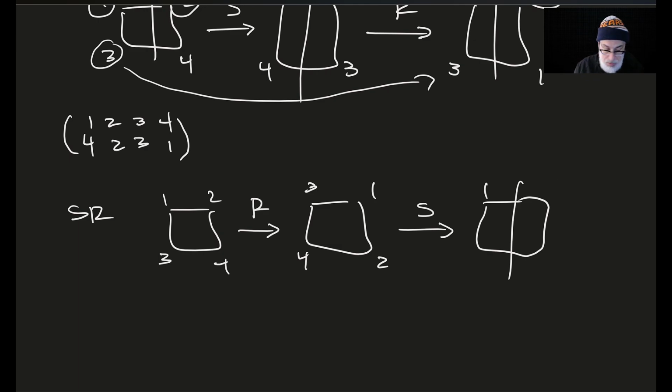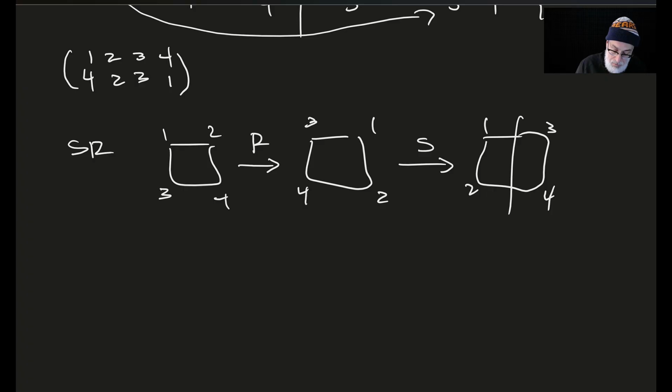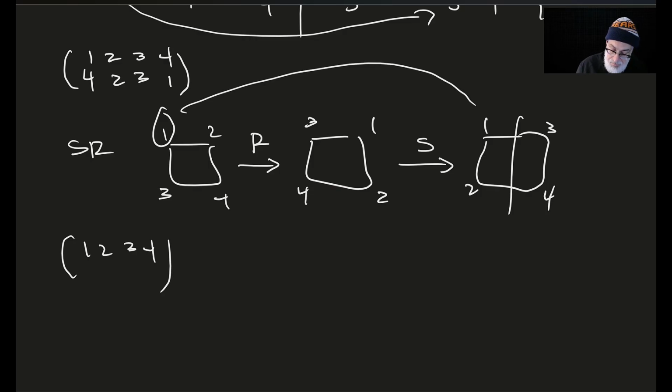So let me get 1, 2, 3, 4. So what's that mean? Well, I'm going to do the same permutation matrix. And so 1 fixes itself. Even though it travels, it ends up where it started. 2 goes to 3. 3 goes to 2. And 4 stays fixed.